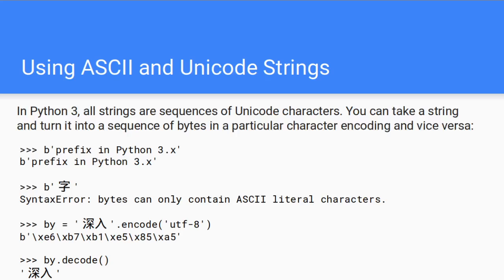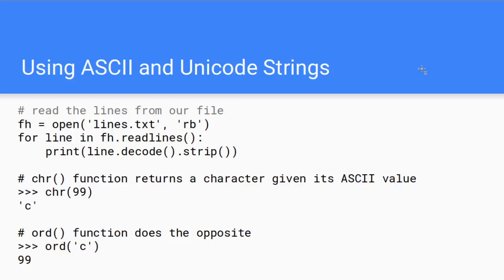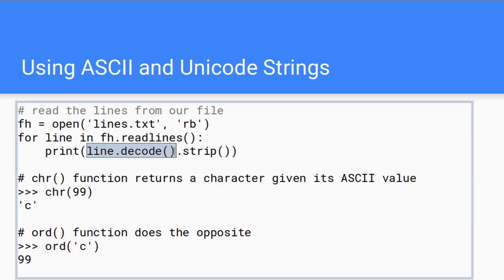In Python 3, all strings are sequences of Unicode characters. You can take a string and turn it into a sequence of bytes in a particular character encoding and vice versa. We can do that in a for loop, decode our lines as we read them, maybe if we have a Chinese email or something.